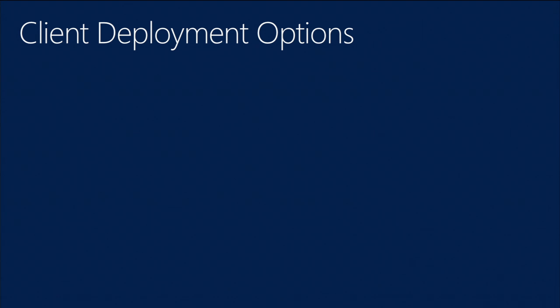So I want to ask you a question. When you deploy Work Folders on a device, what is it that the device needs in order to contact the Work Folders server? A connection. And what do you think that connection has to include?